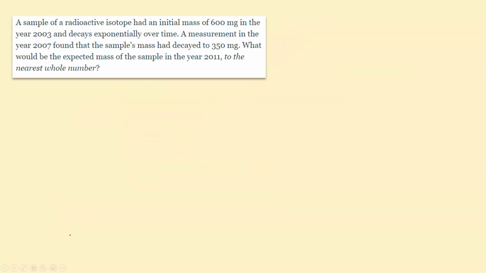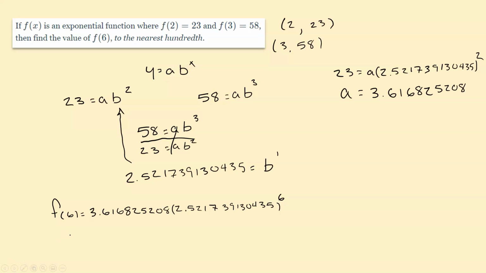And I got f of 6 is approximately 930 point, and I got 0974, but we're rounding to the nearest hundredth, so that 9 rounds up to a 10, excuse me, so it becomes 930.10.